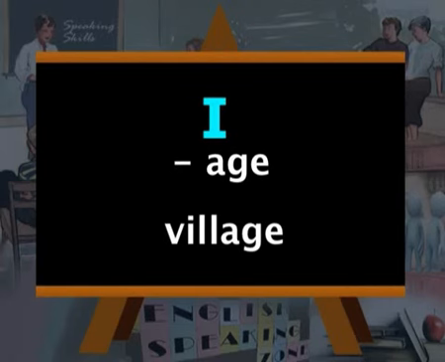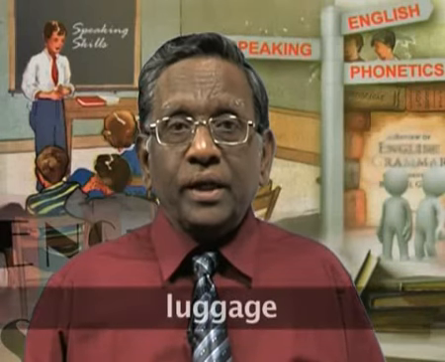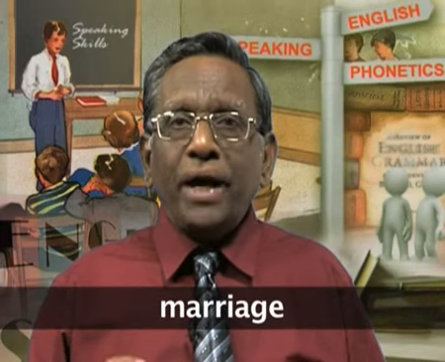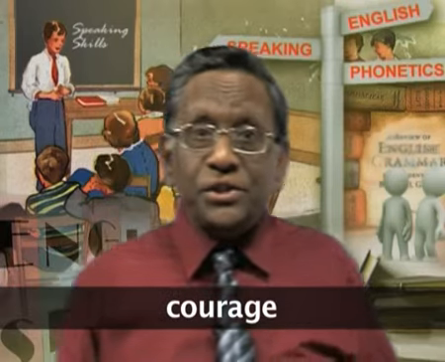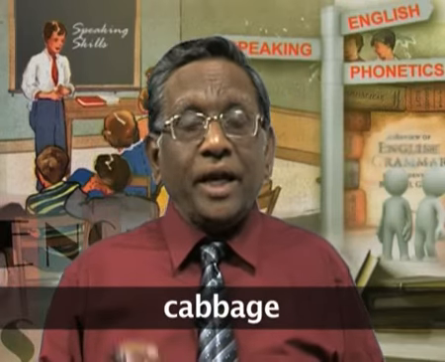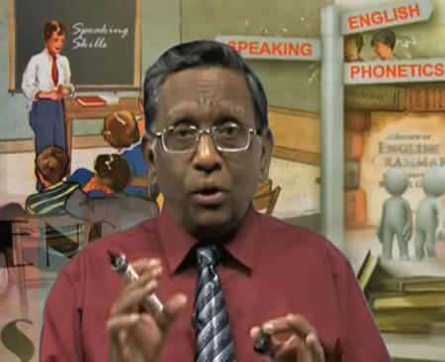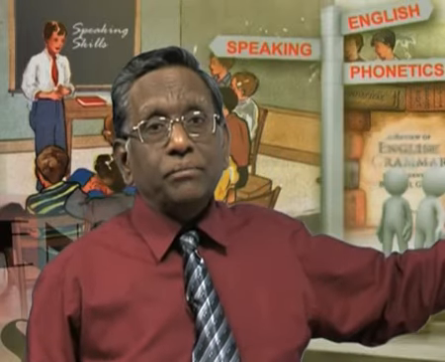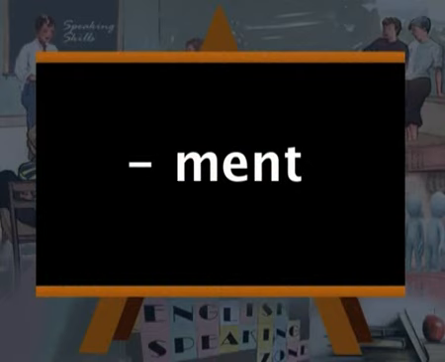Village. Same is the case with luggage, baggage, marriage, courage, cabbage, and so on. All these words, it is -ij, not -age, but -ij. Similarly, people go by the spelling in words ending in -ment.